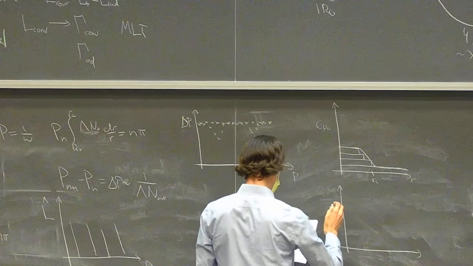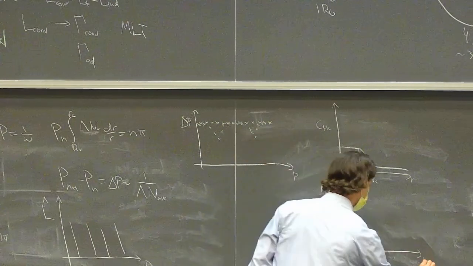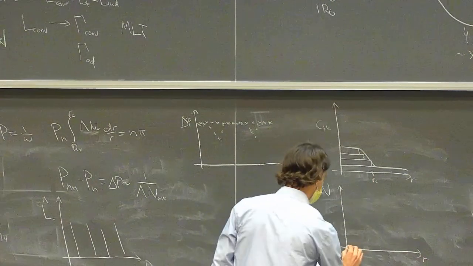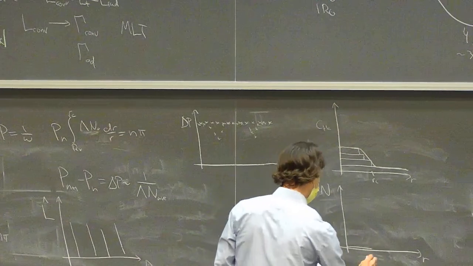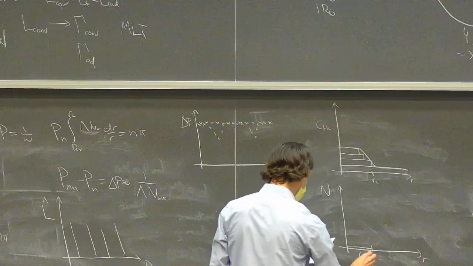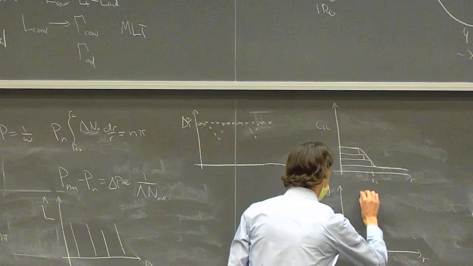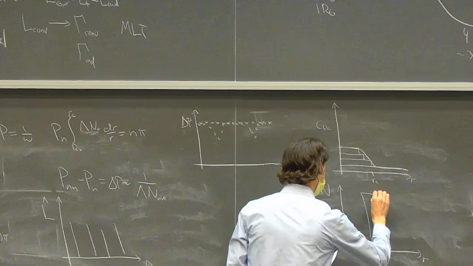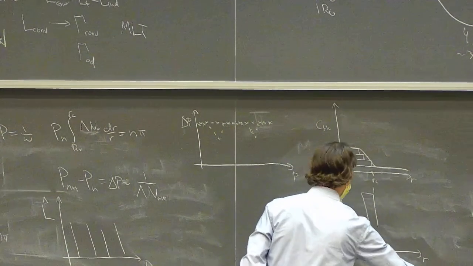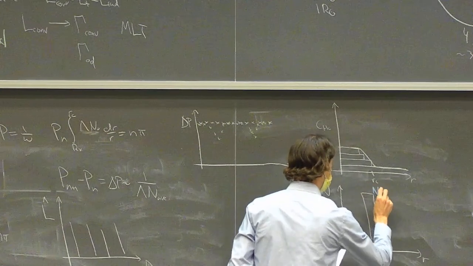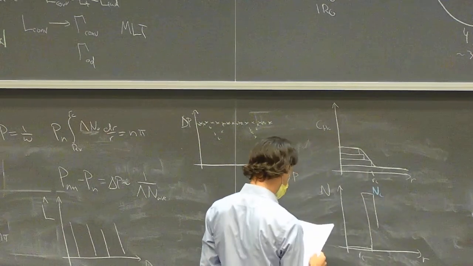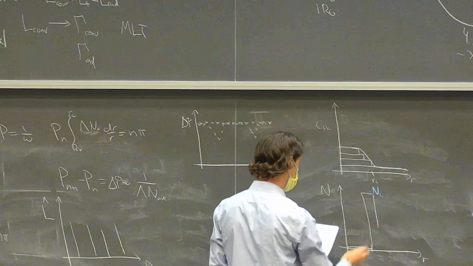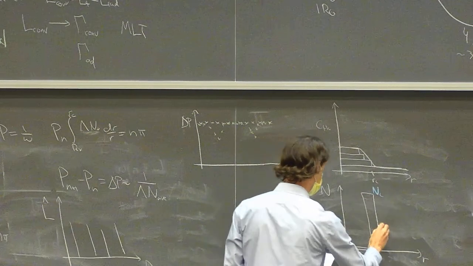So if you turn this into a buoyancy frequency, what you end up with is that the buoyancy frequency is 0 in the core. Then you have a big spike, which I'm going to write as NC. So that's the buoyancy frequency due to this composition.